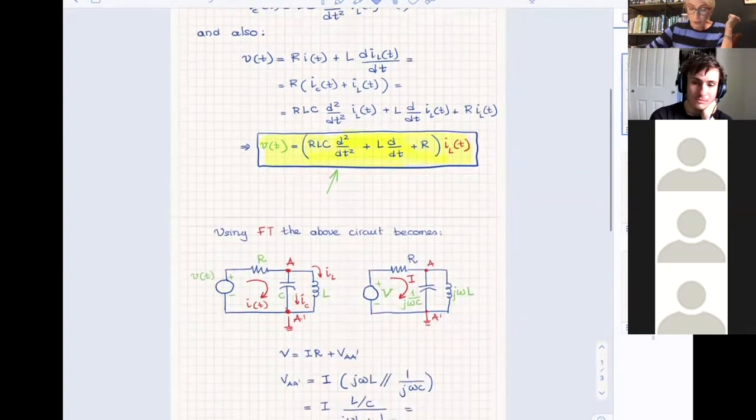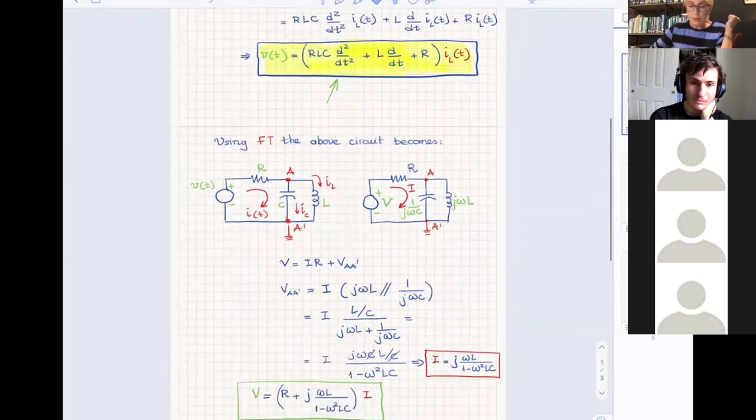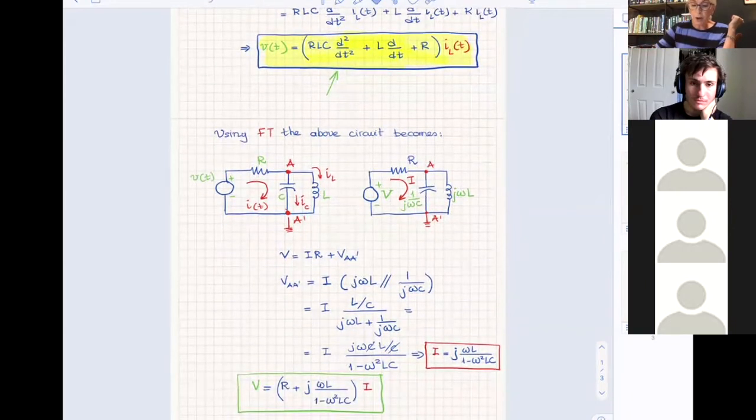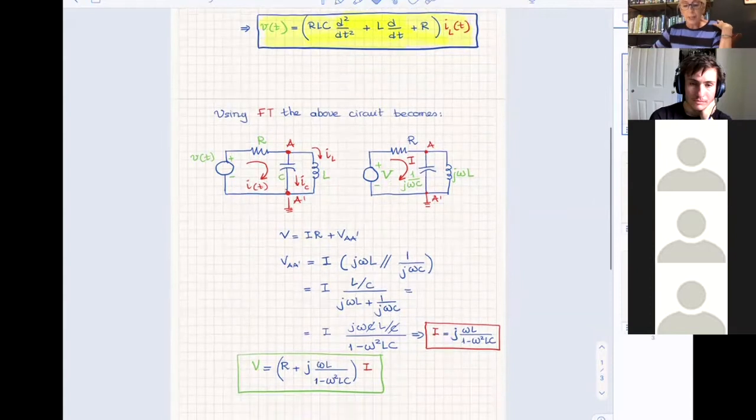So what did we do early? We took it as granted that if we have a monochromatic signal coming here, and that is the input voltage, and let's assume that the input voltage had a frequency of omega.